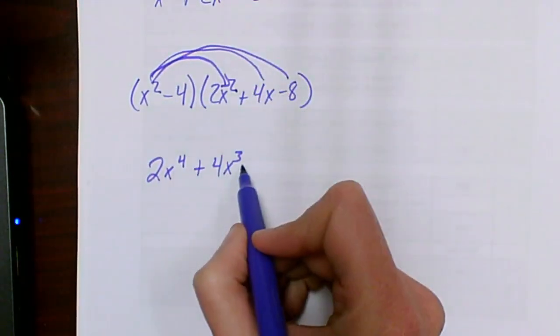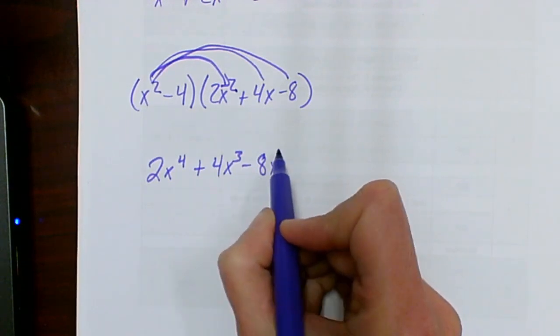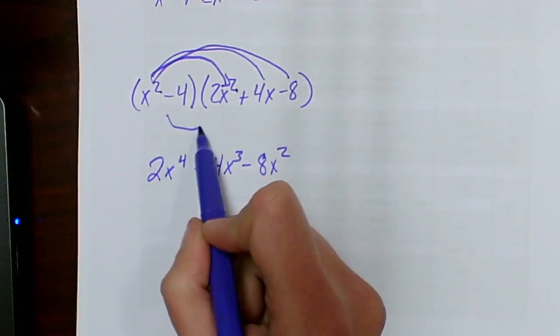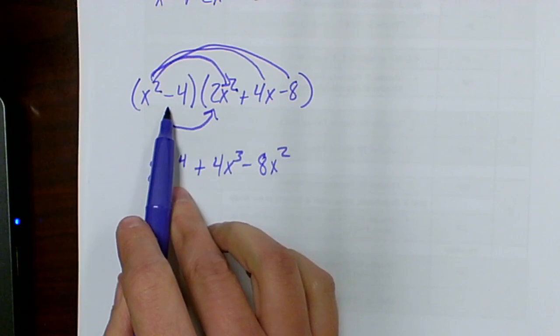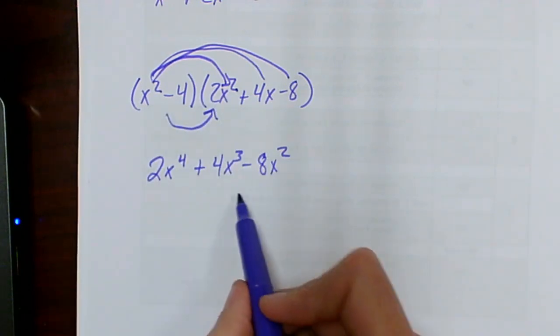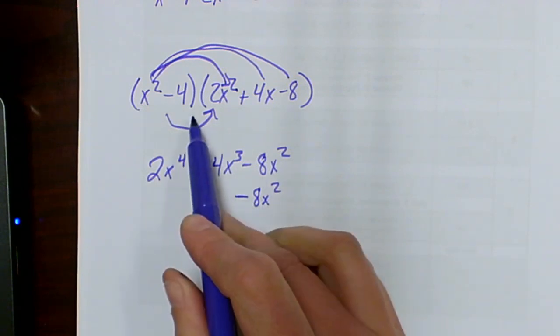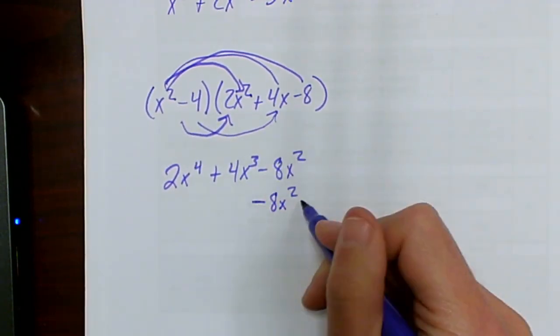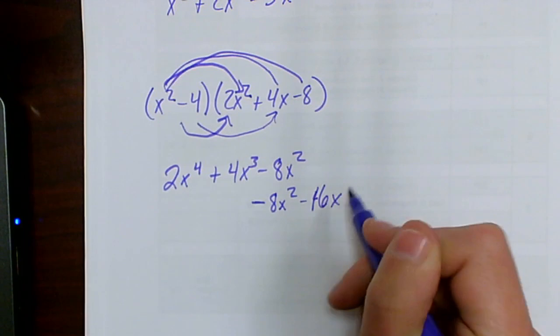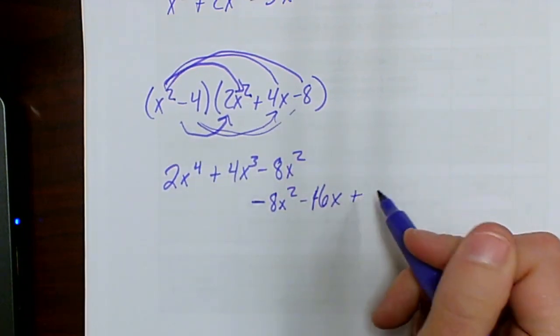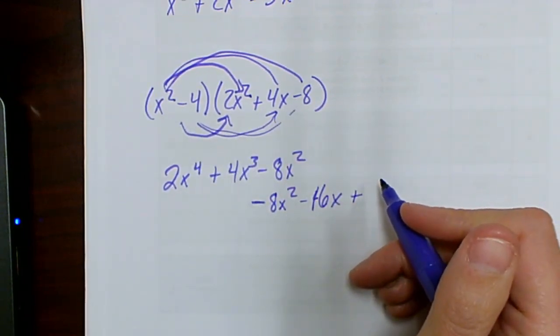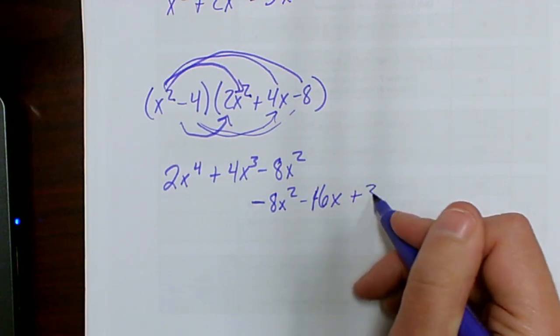X squared times negative 8, that's going to be negative 8x squared. Now the negative 4, we have negative 4 times 2x squared. That's going to come down here because that's going to be negative 8x squared. And then we have minus 16x, and then a positive, what, 24? 32, I mean.